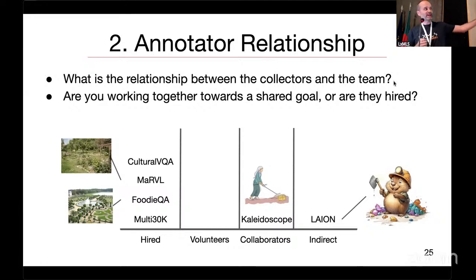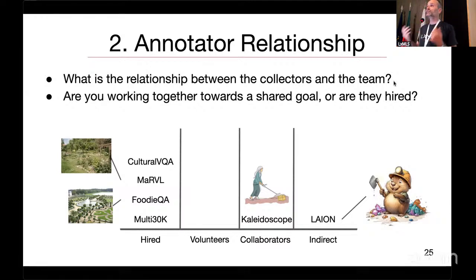There's also this gap in the middle on purely volunteer-based dataset creation. I couldn't find any examples of that. So if anyone thinks they know of something, please let me know, and I can fill in the gap in this slide. There's also this approach of trying to be involved as a collaborator in a project.